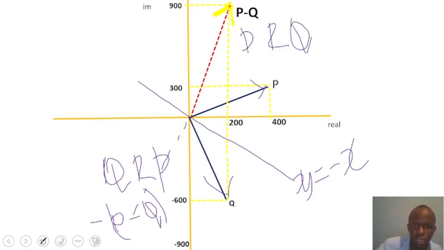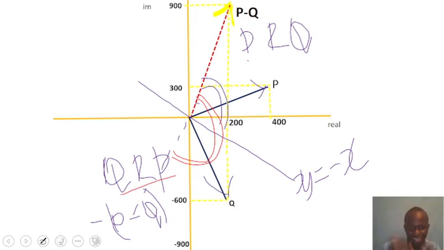We are going to see the angle. So that is the angle. Then this is also the other angle, which we are going to see later. This is P relative to Q, and this is Q relative to P, because it is the exact opposite. It is a reflection along the mirror line y equals minus x.